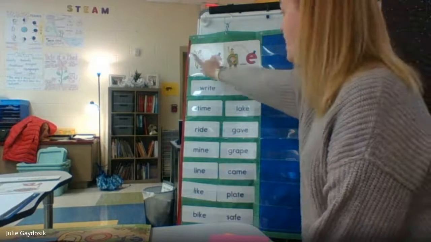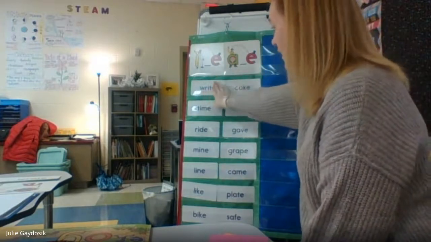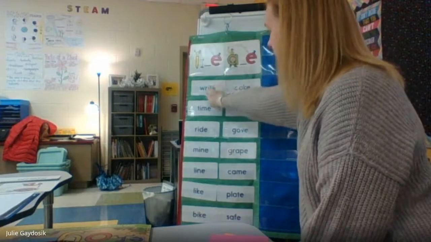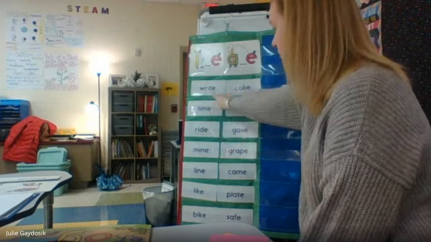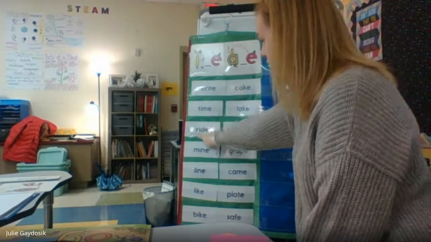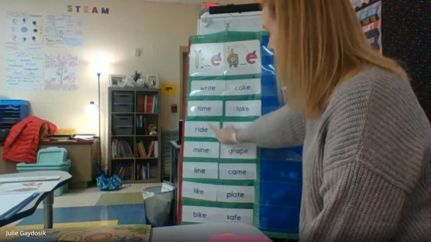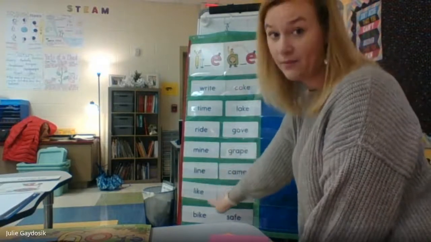Then for words with the I and the E, it would change it from writ to write, Tim to time, okay? Rid to ride. So time, ride, mine, line, and like, okay?